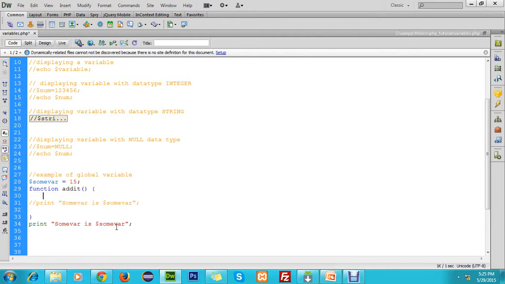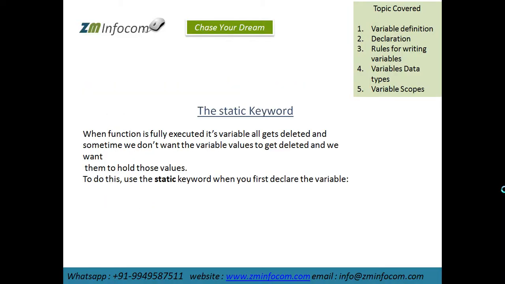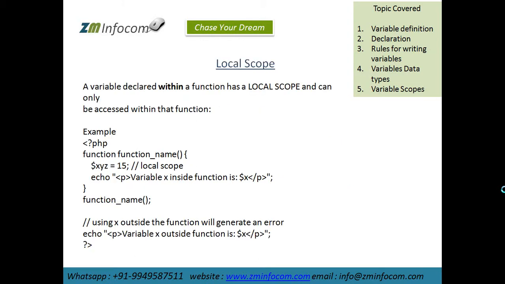Now, I'll just uncomment this. Now we are going to see local variables. As we know, for the global variable the main criterion was not declaring it inside the function; it is declared outside the function.